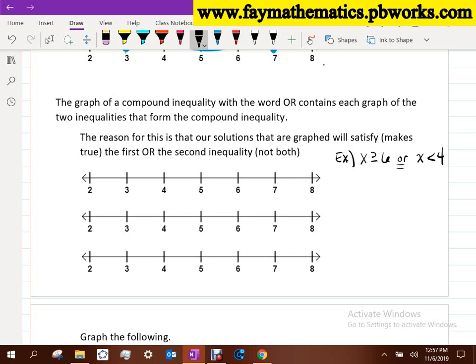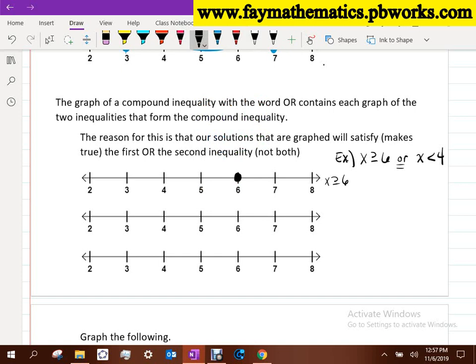So let's say, like we did in the last, let's graph x is greater than or equal to 6. If x is greater or equal to 6, what kind of dot do I use? Closed dot. Okay, so that's 6.